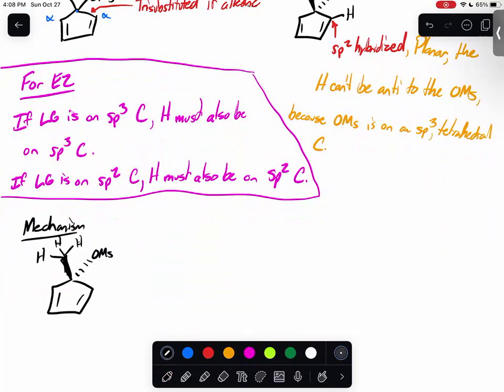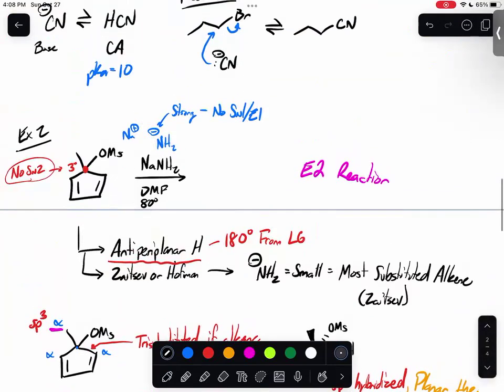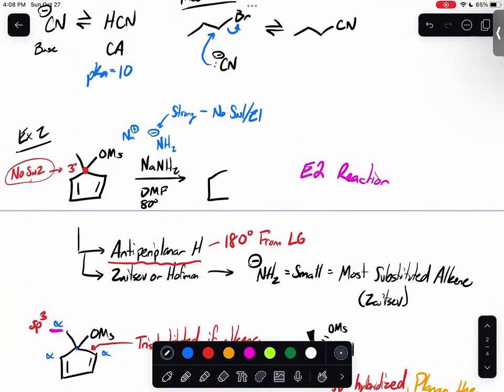So then our NH2 minus can come in, grab one of those protons, form the alkene, kick out the mesyl group, and we now have the di-substituted alkene right there. So in reality, for this predicted product, the final product is that right there.